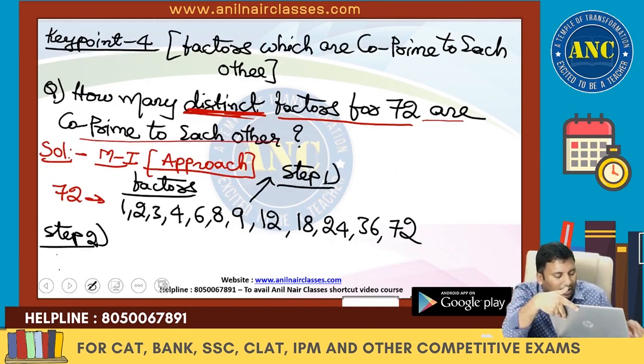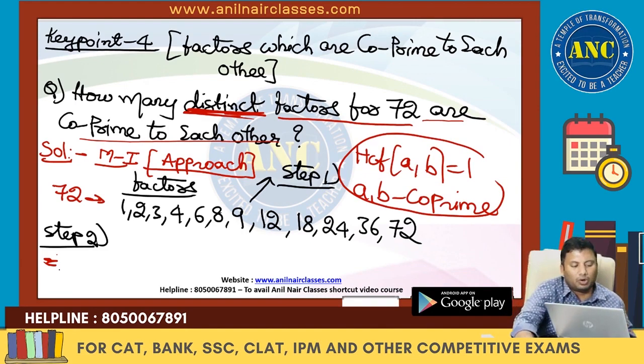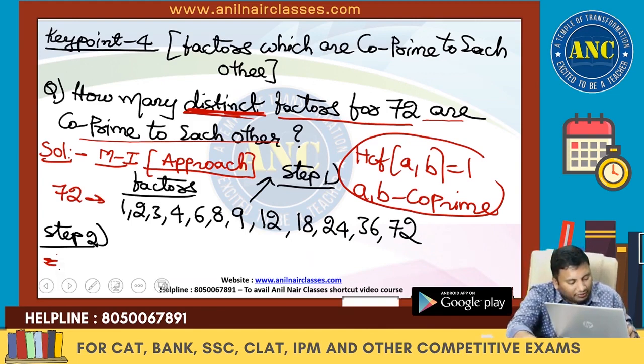What do you mean by co-prime? Co-prime is nothing but HCF should be 1. HCF of A comma B should be 1, then only A and B are said to be co-prime to each other.